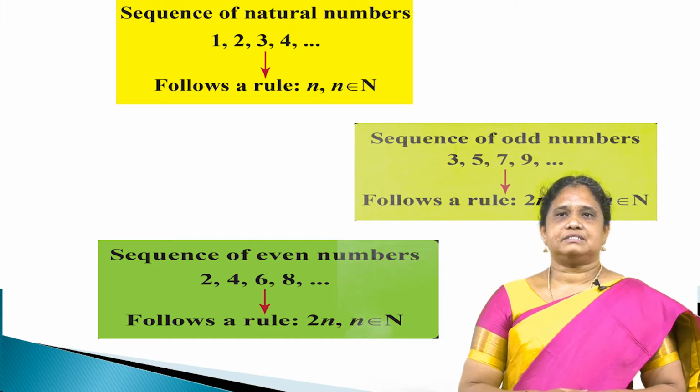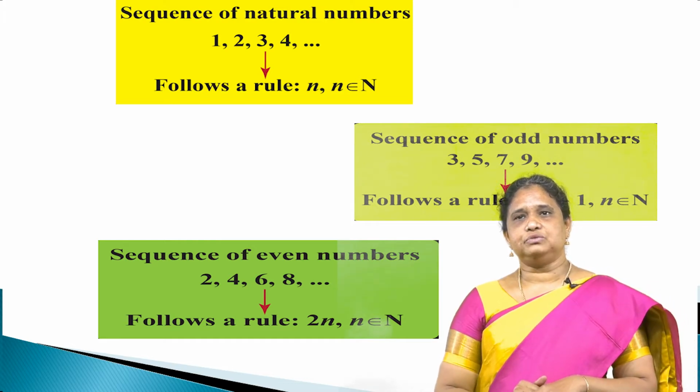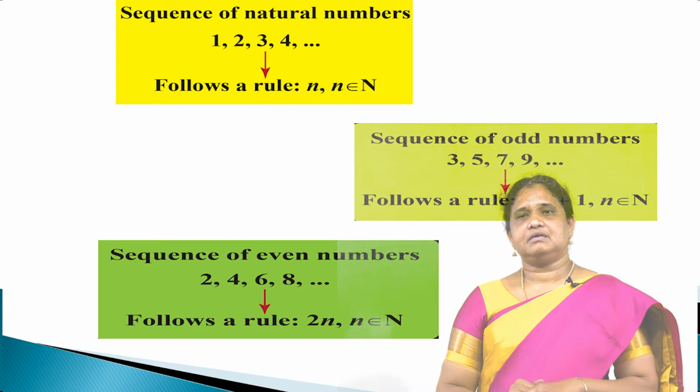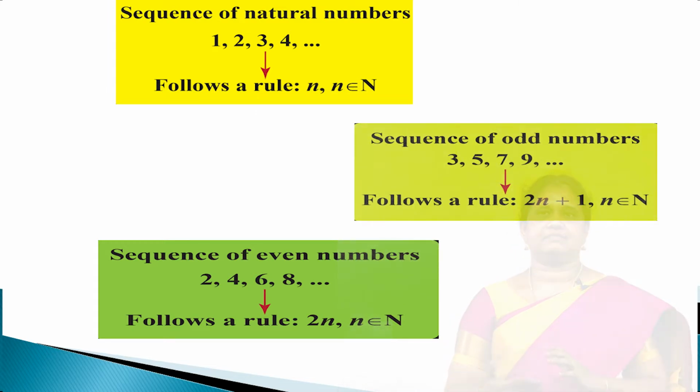First of all, the sequence of natural numbers, which is 1, 2, 3, 4, etc. Here, each number is followed by a successive number, its successor.